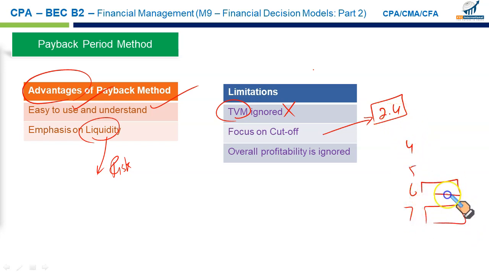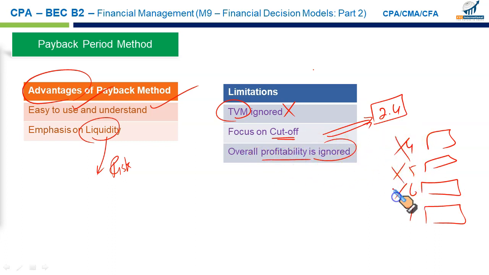Maybe you might have significant cash flows after year 3, but it focuses only on a particular cutoff year. This is the main problem with it. It is short term, focused on the cutoff year. Many subsequent years could be very profitable for the company. So in other words, it ignores profitability because it ignores all the cash flows coming after the payback period.